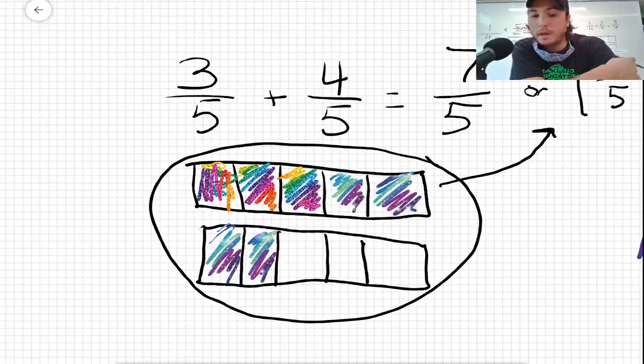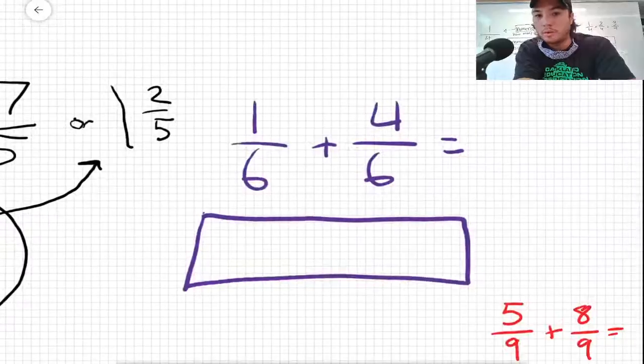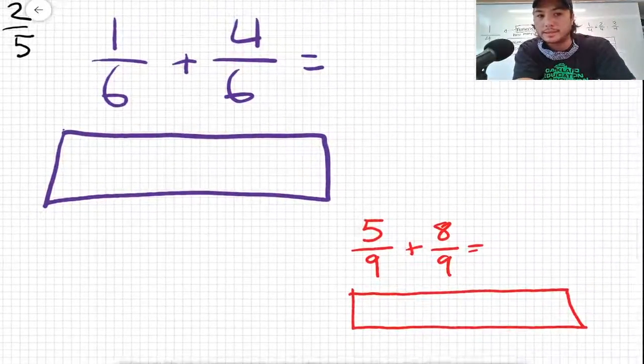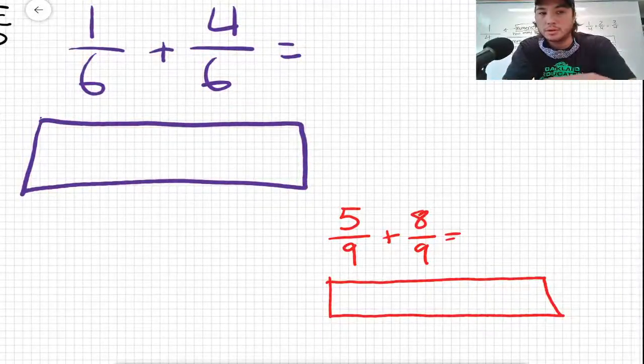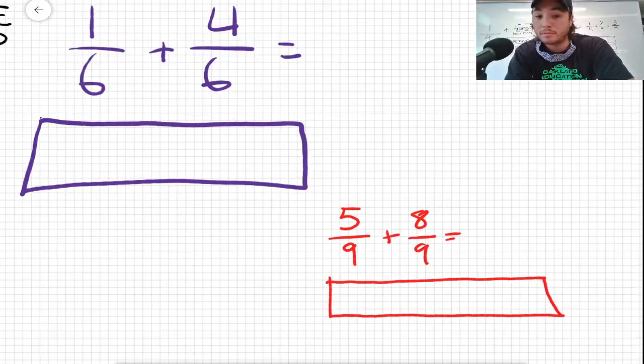All right. I'm going to give you a couple more to try on your own before we get to the exit ticket. Okay, so there's our 2 practice problems there. So think about for these 2, what do I need to divide my fraction bar into?